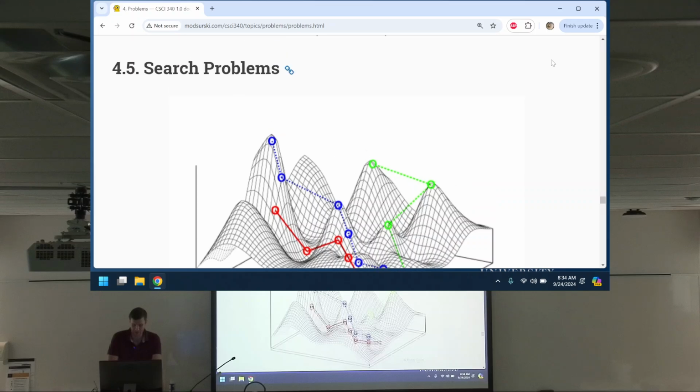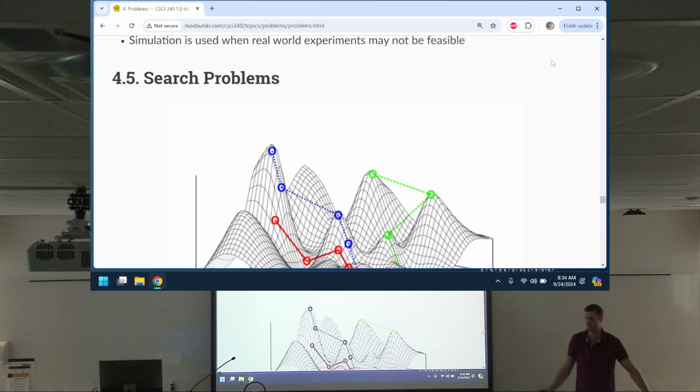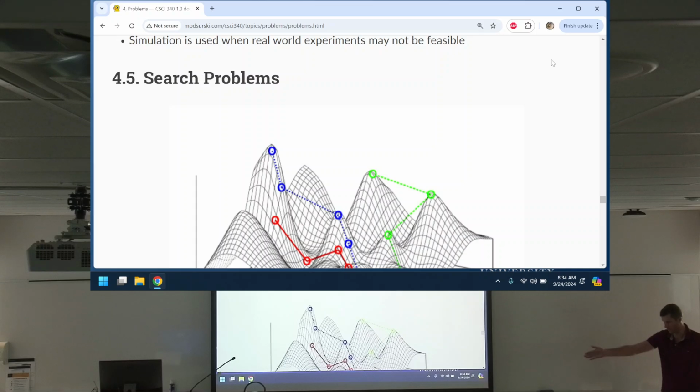Search problems. This is, given some space, we have to traverse it and find something. If you imagine, we can think of this room. Let's talk about the floor, this two-dimensional floor here. I can move along and measure the temperature at any point in this room, in this two-dimensional space.